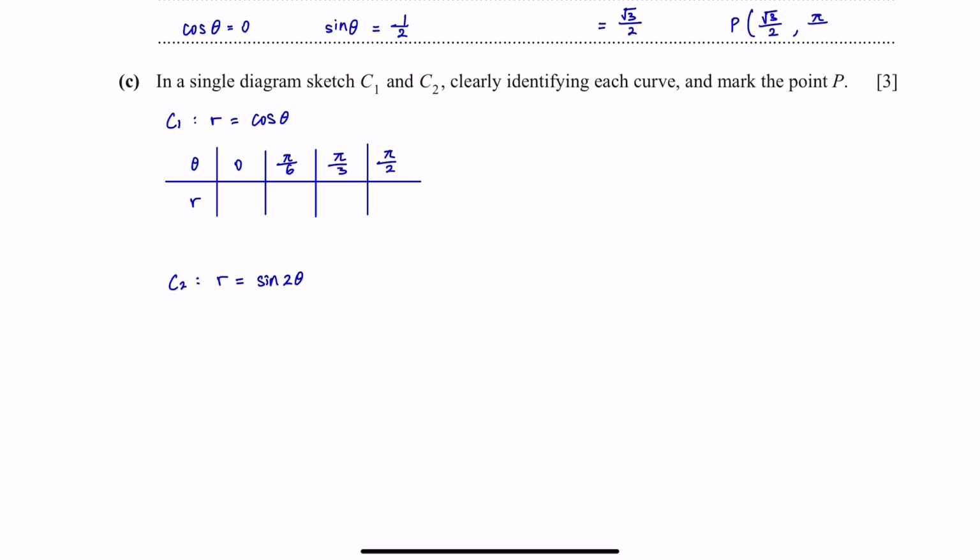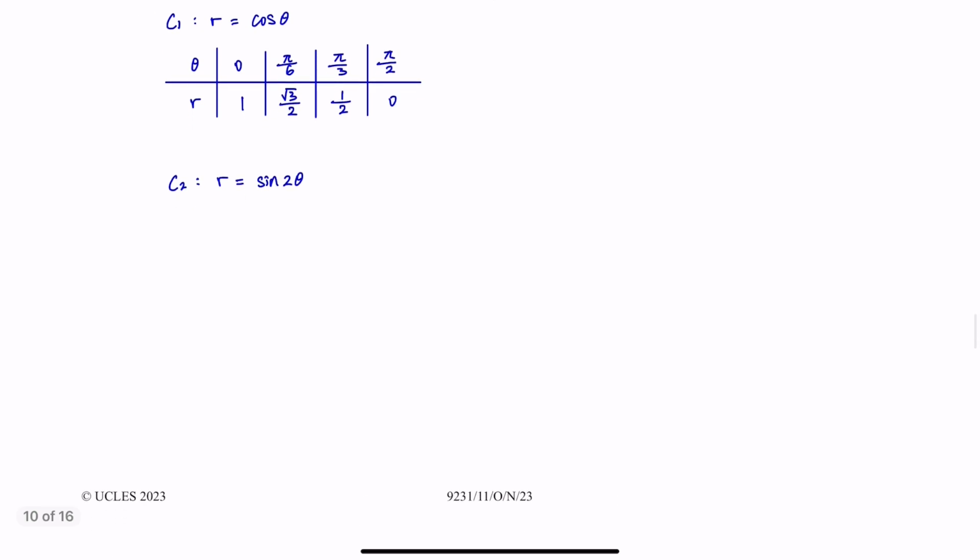So when theta is 0, r equals 1, this is root 3 over 2, this is 1 over 2, and this is 0. And for C2, we do the same thing. We roughly see what numbers we can get for each theta.